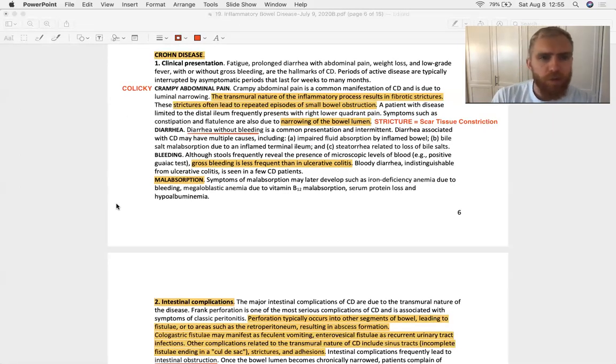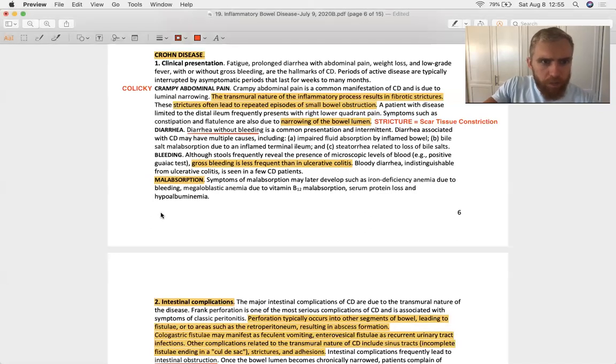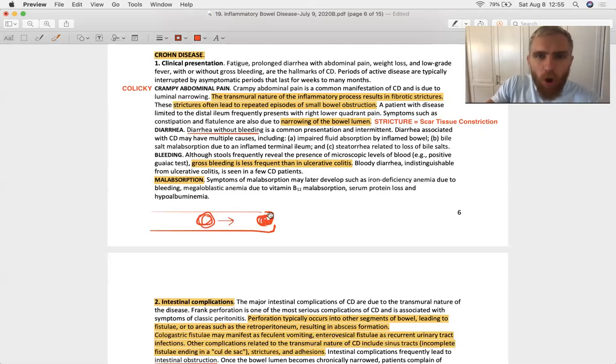And the gist of colicky pain is that, I'll draw this out for a little bit here, you've got a tube that you're trying to push something through. And at a certain part of the tube, there's a stenosis or a narrowing of the tube. And so whenever what you're trying to push through the tube gets to this narrow point, it just can't go on anymore.